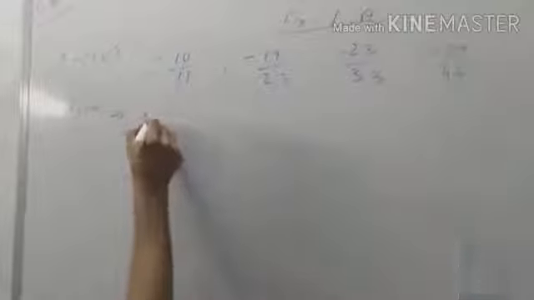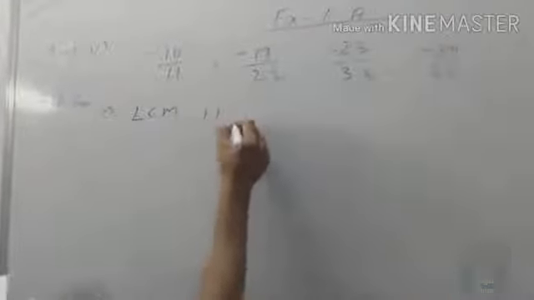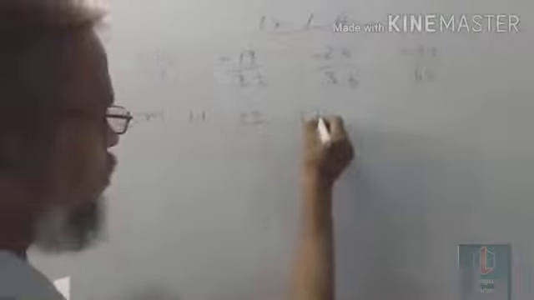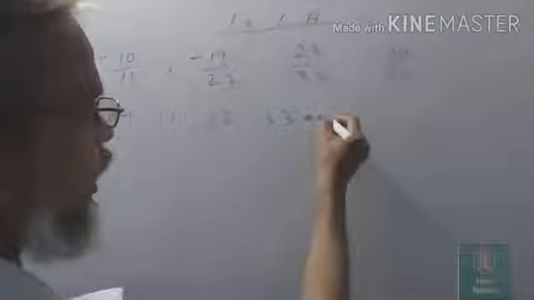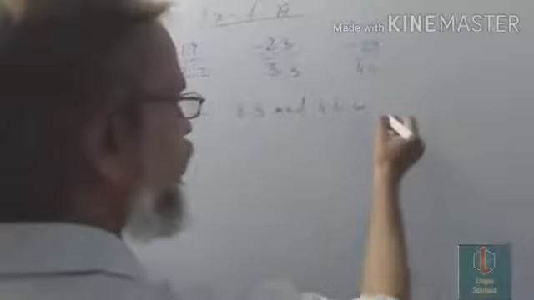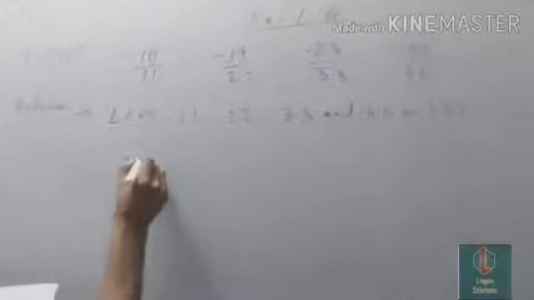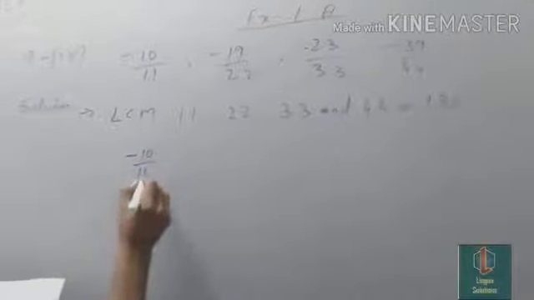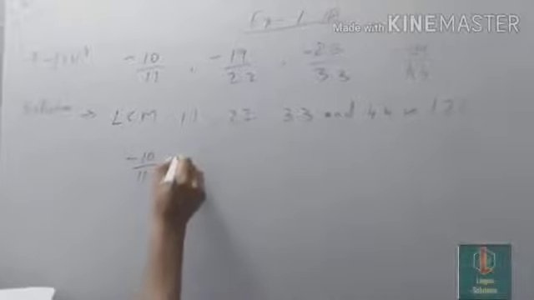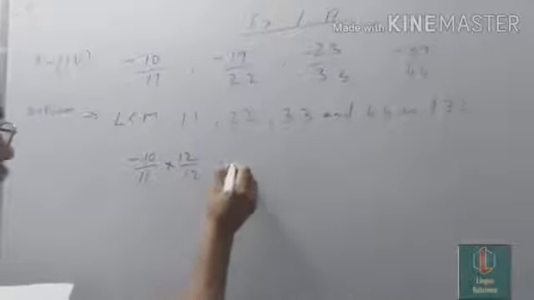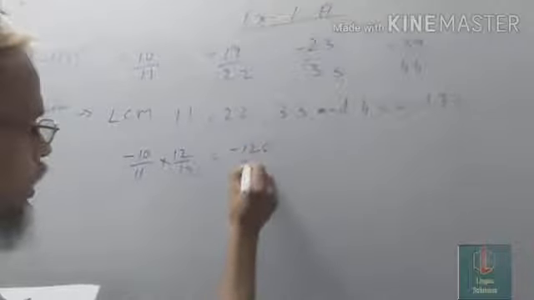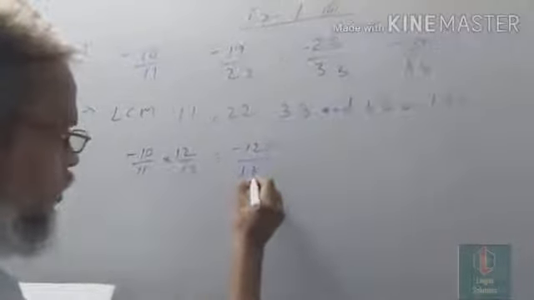39 by 44. Now we will take the LCM of 11, 22, 33 and 44, which is 132. Now our number will be minus 10 by 11 into 12 by 12. We get minus 120 by 132.